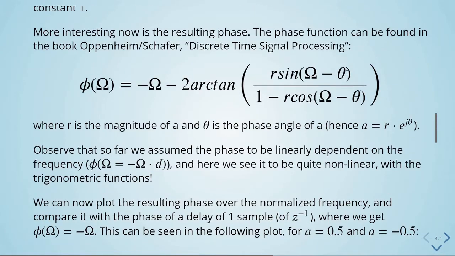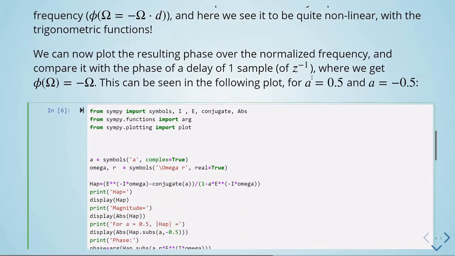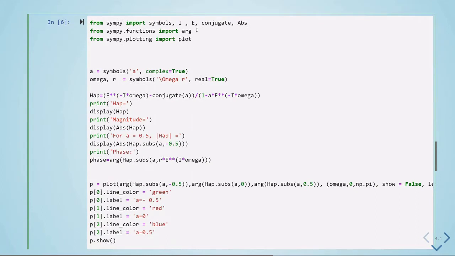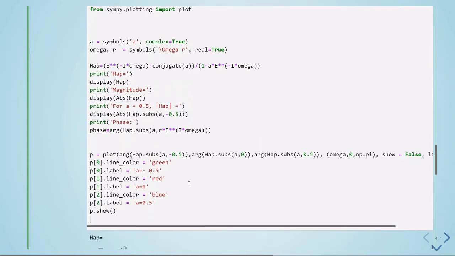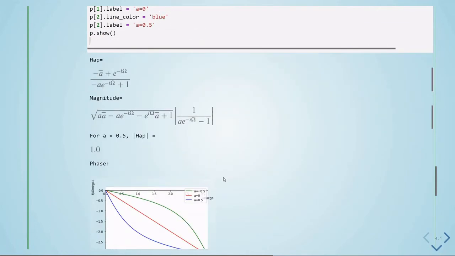And I wanted to see this phase here, so I use this arg here. If I apply arg to this transfer function and I replace a by, for example, minus 0.5, 0, and 0.5, we will get this plot here.